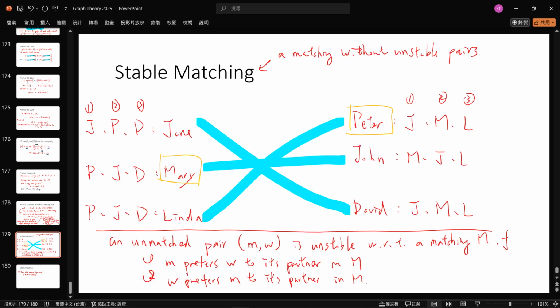So do you think it is always possible to find a stable matching? No? So can you find a counterexample? Every man has the same preference lists.